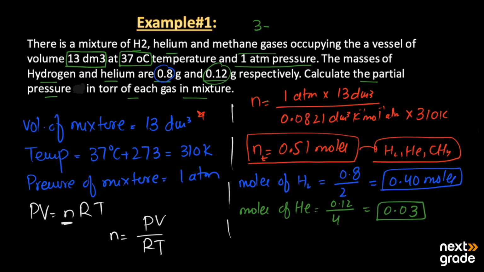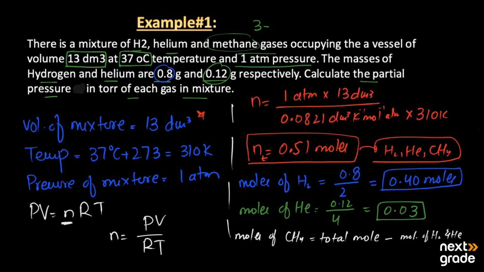At the end, we don't have the mass of the methane. So how can we calculate its moles? We can calculate it by the difference method. In the difference method, moles of methane are equal to total moles subtracting moles of hydrogen and moles of helium.